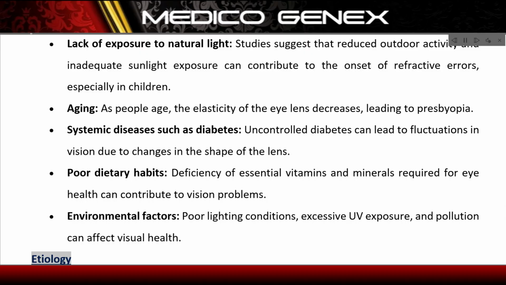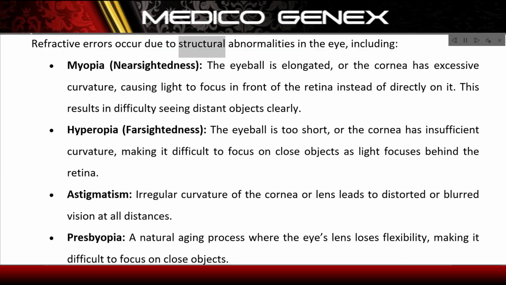Etiology. Refractive errors occur due to structural abnormalities in the eye. Myopia, nearsightedness: the eyeball is elongated, or the cornea has excessive curvature, causing light to focus in front of the retina instead of directly on it. This results in difficulty seeing distant objects clearly.